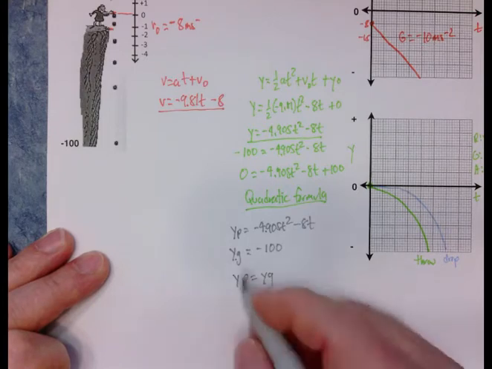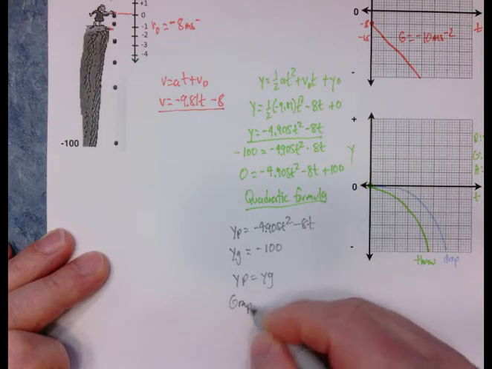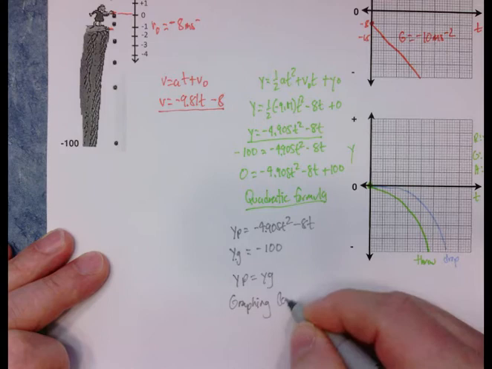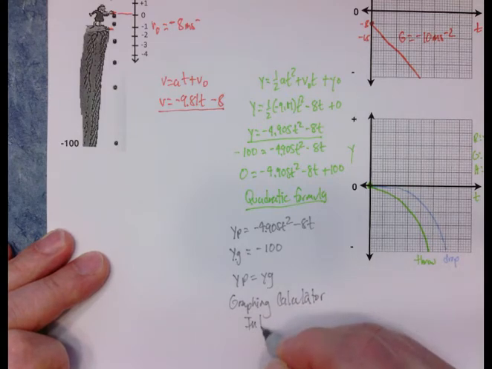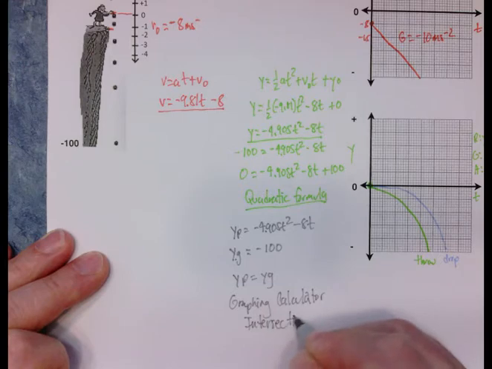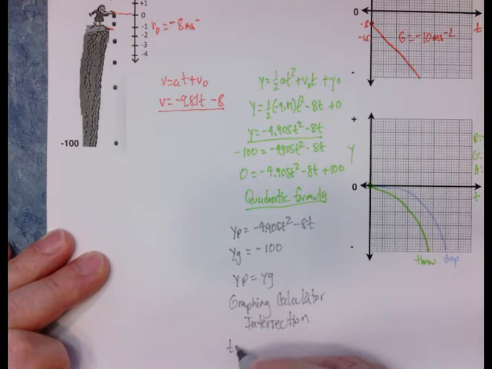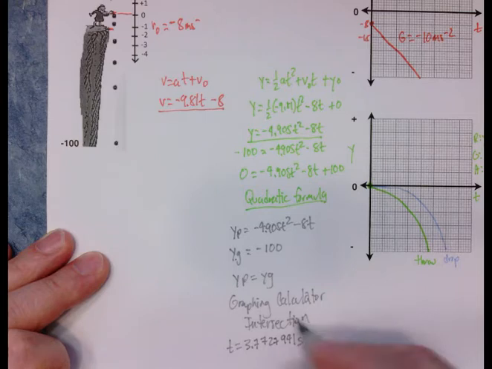And we can take a note: graphing calculator intersection. And we can record the values that came up on our screen. T equals 3.7727941 seconds, where y equals negative 100.